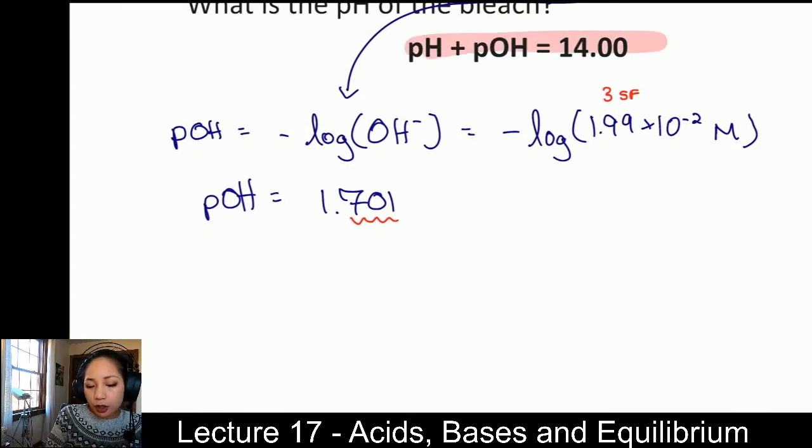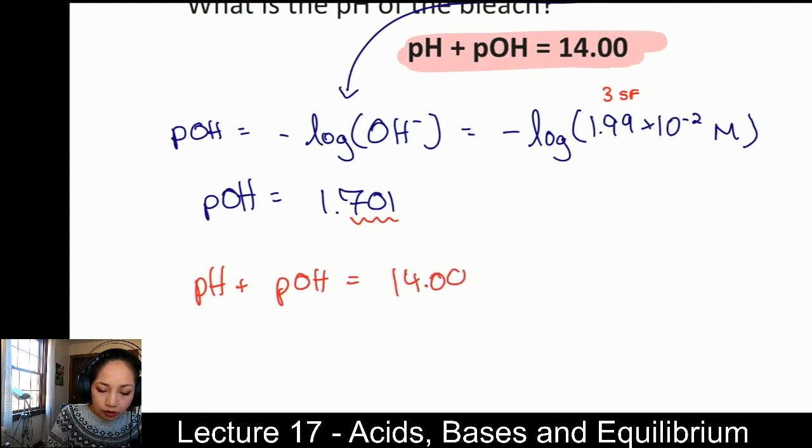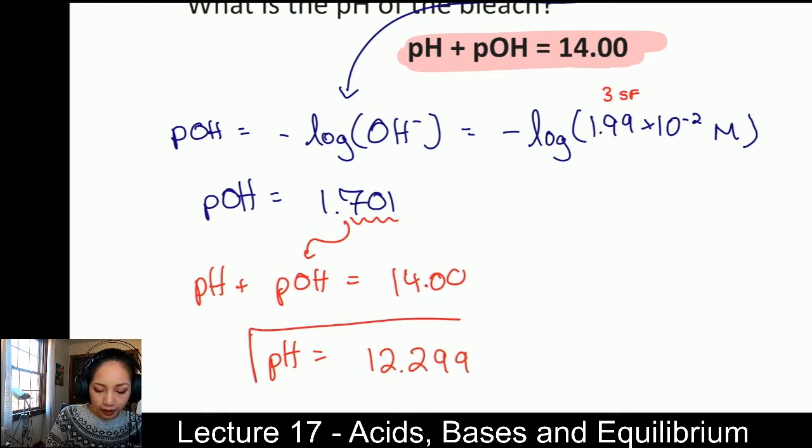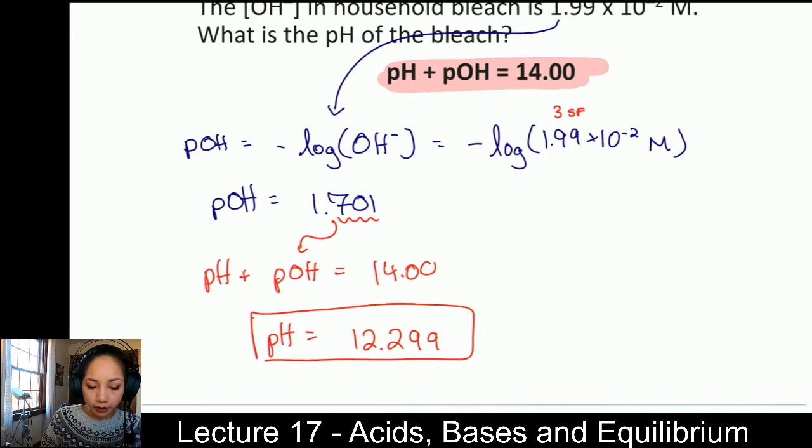And our other equation to remember here is that pH plus pOH is always equal to 14. So pH plus pOH equals 14.00. So we'll just stick that number in for pOH. And if you do 14 minus 1.701, you get 12.299. That is our pH.